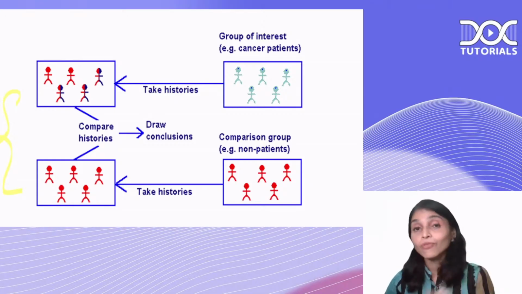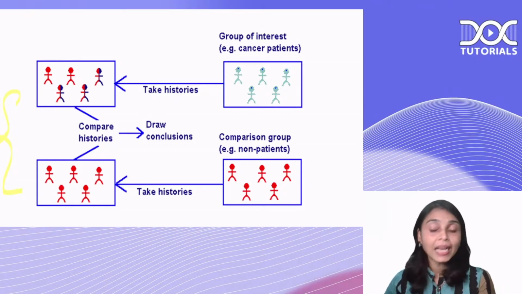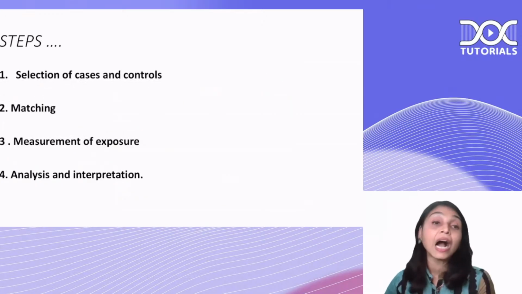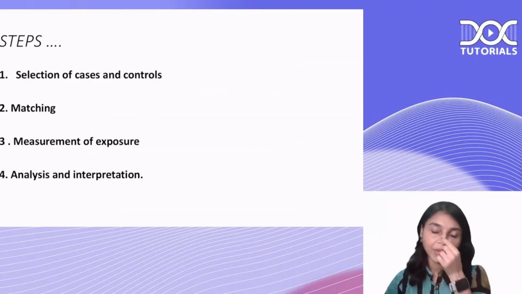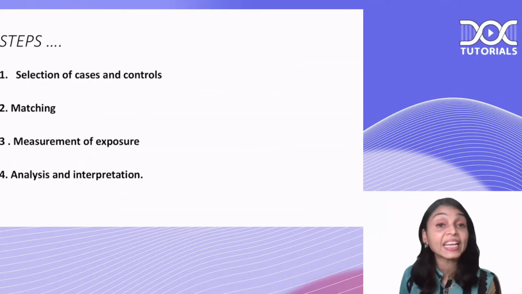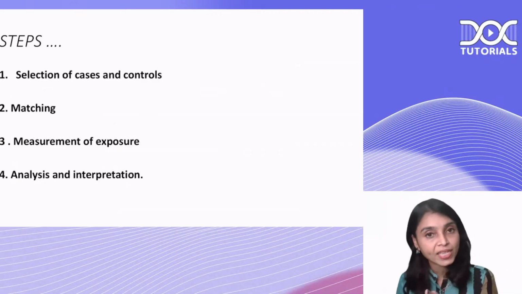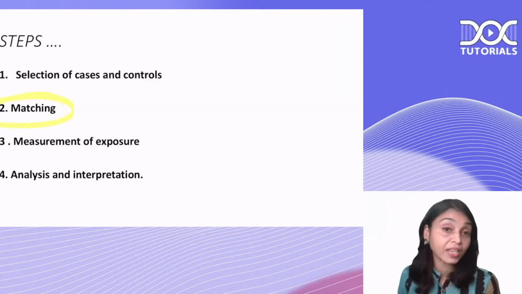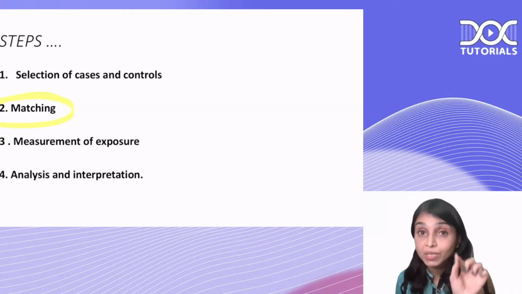Now moving further. In case control, what are the steps in doing case control? This is something that you will get for the exam. Anyway, I will not be going into the details. The first is you have to select cases and controls, right? Diseased and non-diseased. Then you have to do matching. I'm not in a position to say what is matching right now.